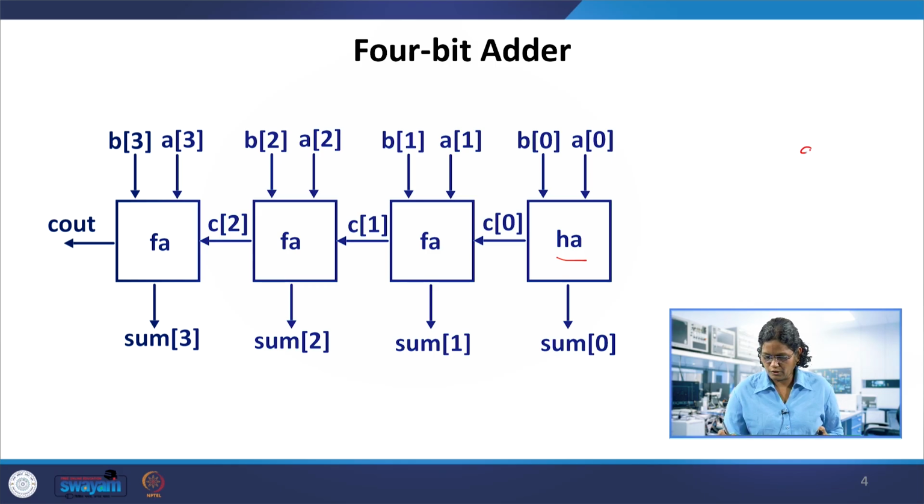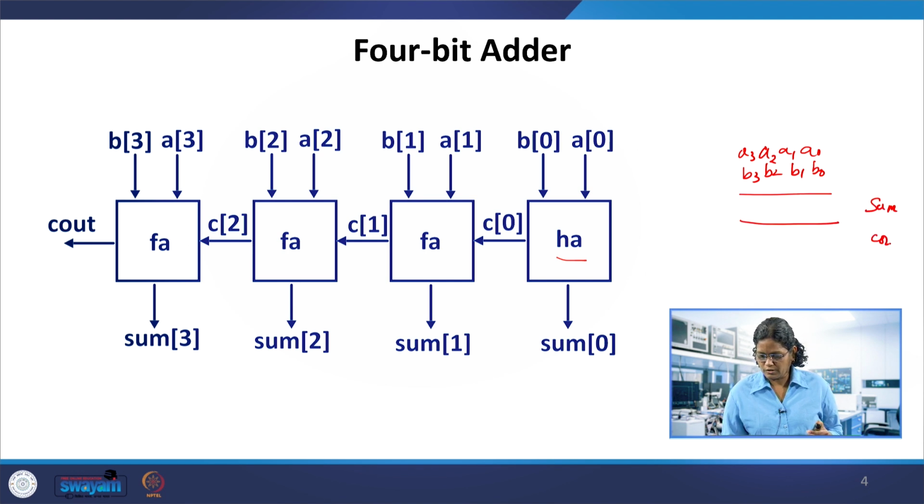Suppose you have A0, A1, A2 and A3, a 4-bit number, and B0, B1, B2 and B3, the other number. If we add both of these, what is the sum and what is the carry out? Just carry right now. And this sum will be 4 bits: S0, S1, S2 and S3.